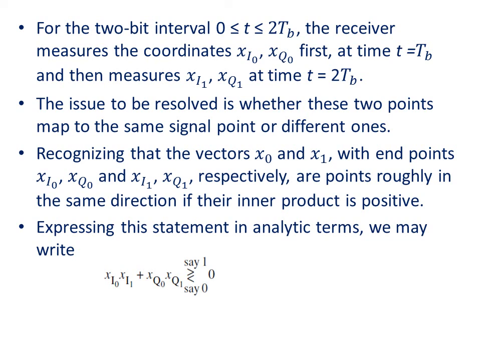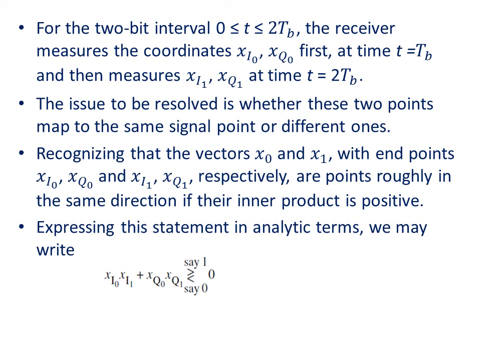Recognizing that the vectors x0 and x1 with endpoints (xi0, xq0) and (xi1, xq1) respectively are points roughly in the same direction if their inner product is positive, we may formulate the binary hypothesis test with a question: is the inner product x0 transpose x1 positive or negative?